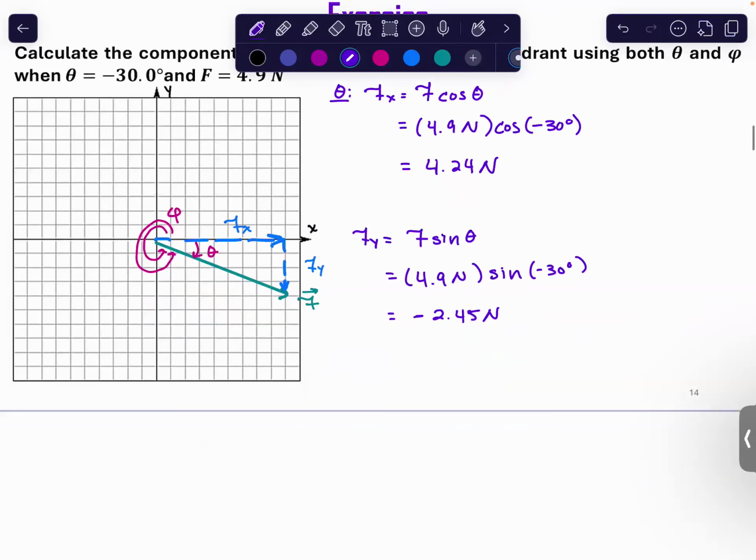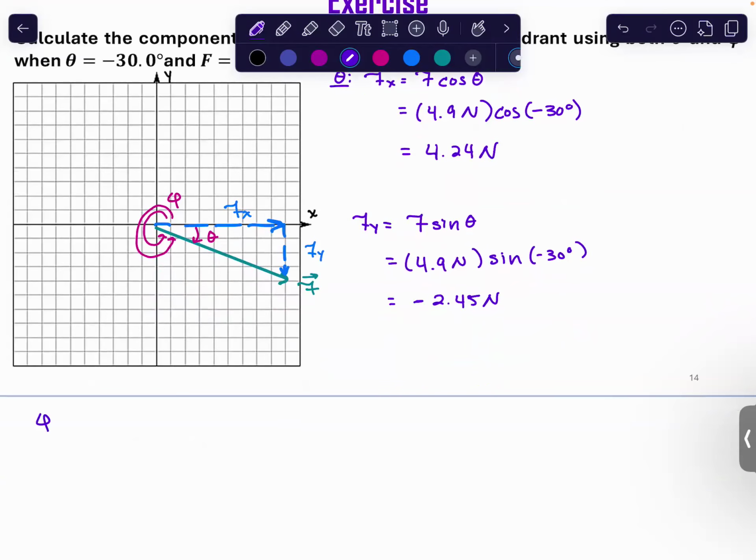Now, what about using phi? What does phi equal? Yep, so it's going to be 360 minus theta. And so we're using magnitudes here because, again, we can't have an angle greater than 360.